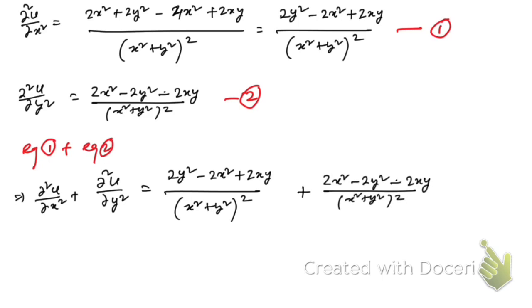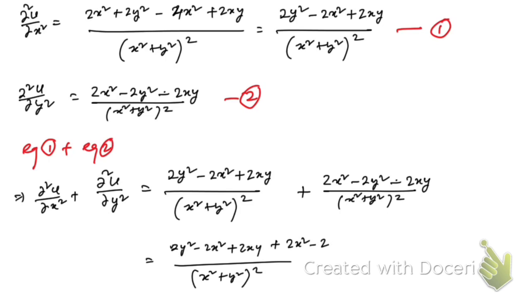Left hand side plus left hand side, right hand side plus right hand side. So if you take LCM, then you're going to have (x square plus y square) whole square, and then 2y square minus 2x square plus 2xy, then plus 2x square minus 2y square minus 2xy.